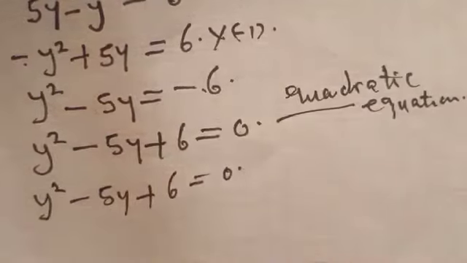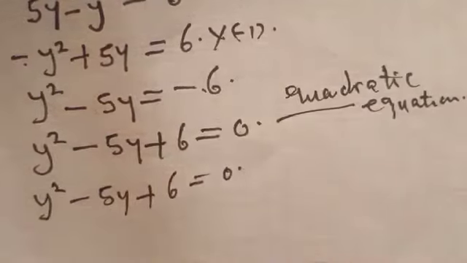Now from this we have, let's say, minus 2 multiplied by minus 3. That will be plus 6. Then we have minus 2 plus minus 3. That will be minus 5.